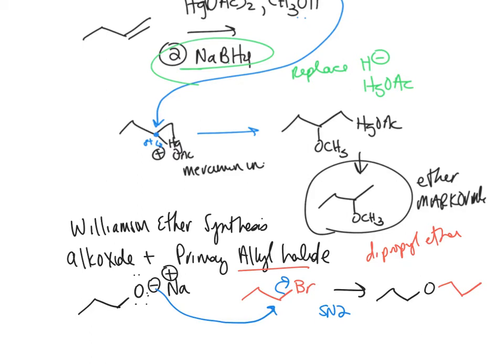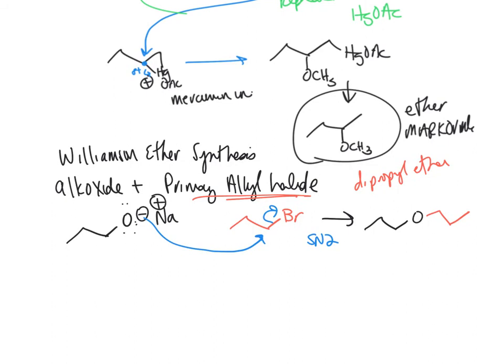Okay, now you do have to have a primary alkyl halide, and the reason why is because you would have competition with E2. So it would not be a clean reaction.